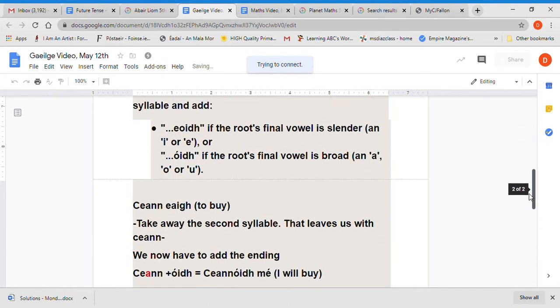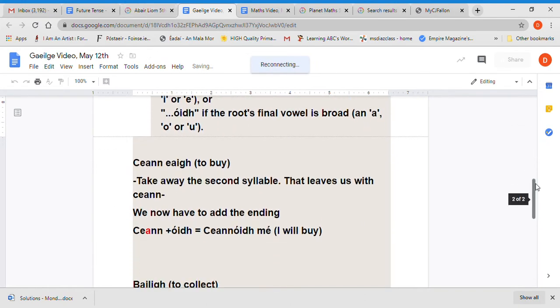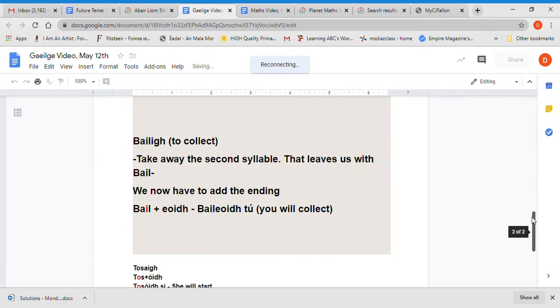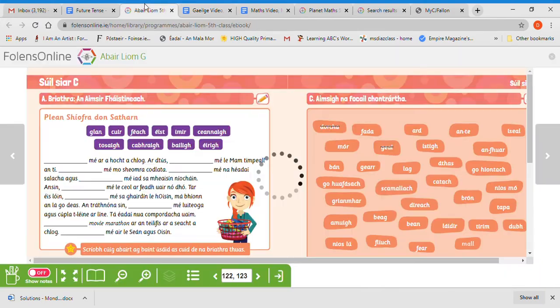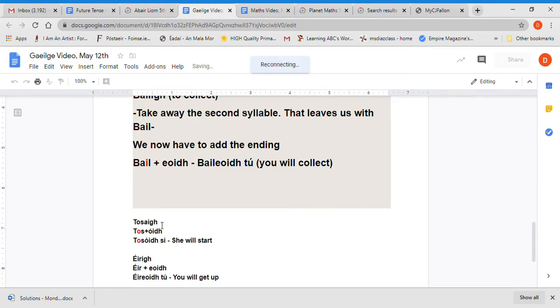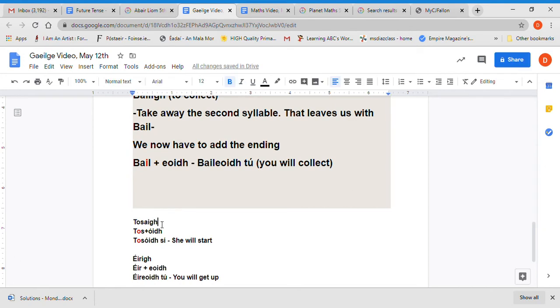Let's have a look at one or two more verbs that have two syllables. Okay, and I've taken these from here. Yeah, we've tosaigh and éirigh. Okay, tosaigh is the root, remember, and it's the verb to start. All right, we have to get rid of the second syllable. So think about tos-aigh. So the second syllable is the aigh.